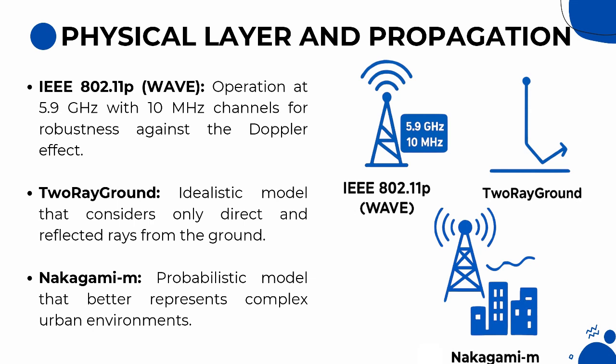When analyzing the physical layer, the article uses the IEEE 802.11p standard specific to vehicular environments. But the point that deserves the most attention is the propagation model. The article compares the two-ray ground model, which is simplistic and only considers the direct signal and the signal reflected from the ground, with the Nakagami M model.